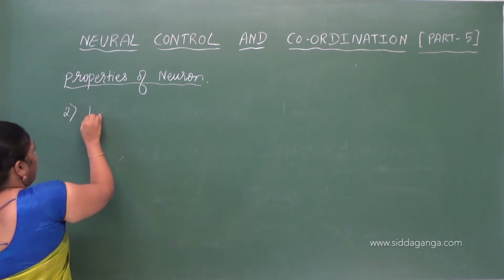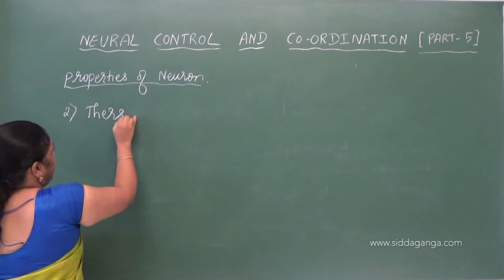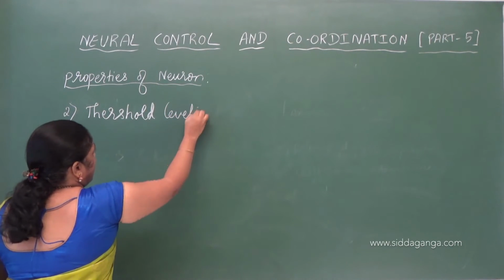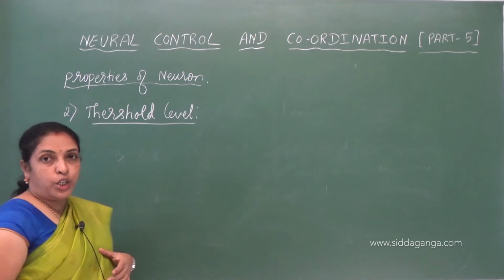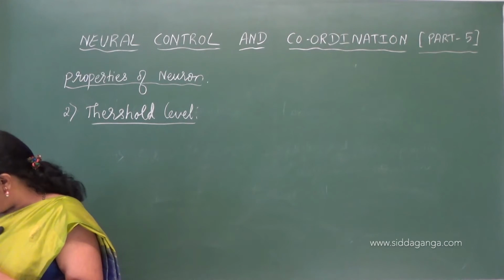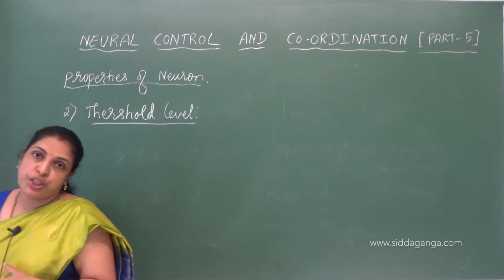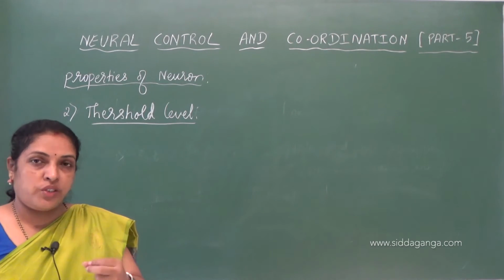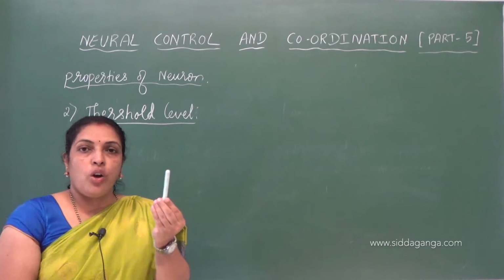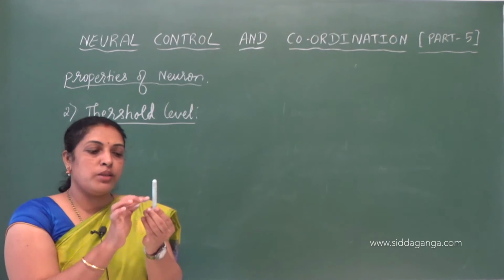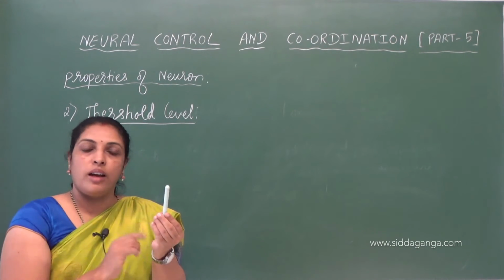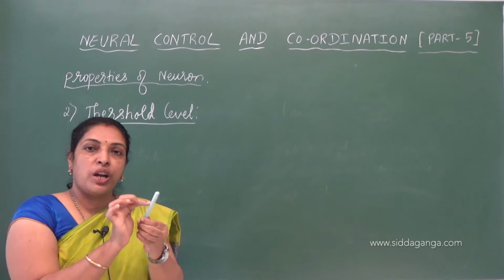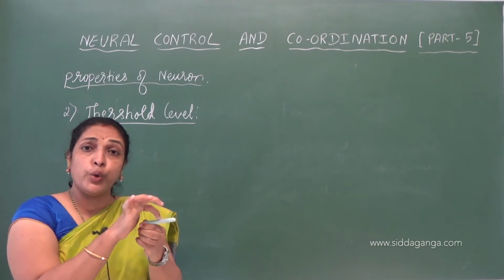Second property, threshold level. Threshold level means, to generate action potential, the stimulus should have a certain minimum strength. Suppose with this chalk, if I apply just a little pressure it will not bend, but if I apply a minimum pressure, it is going to bend.